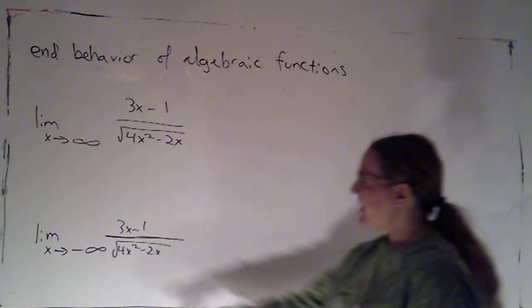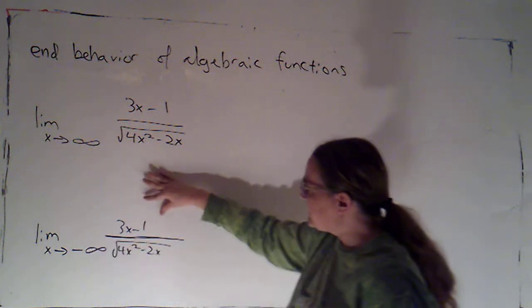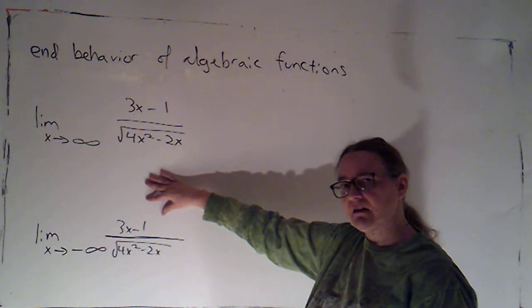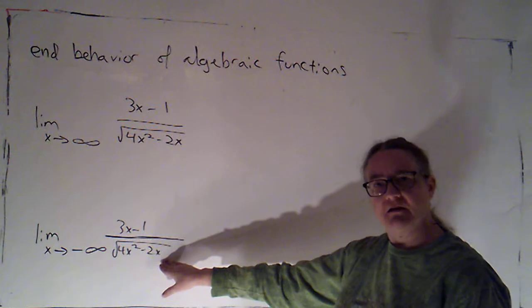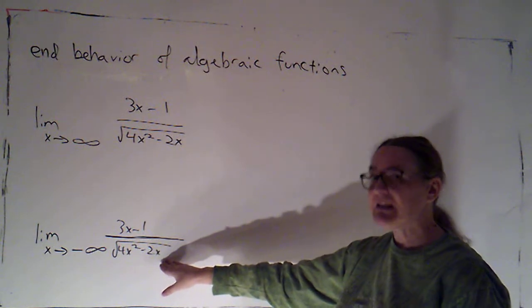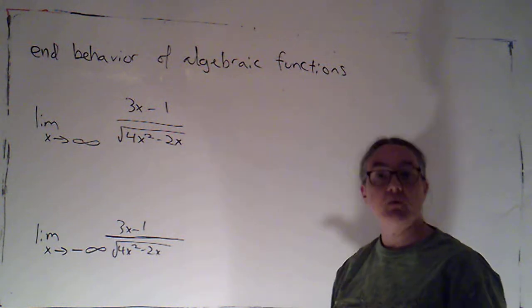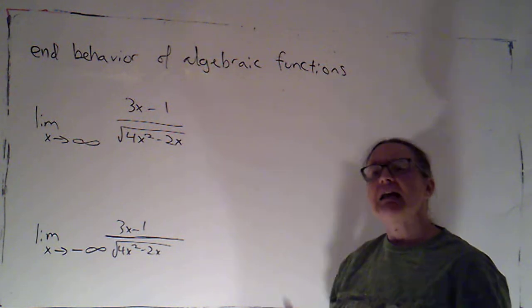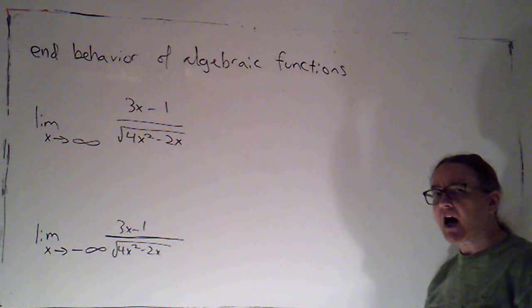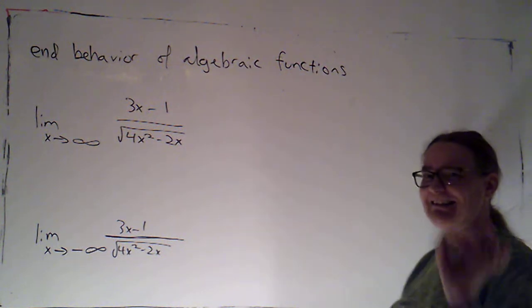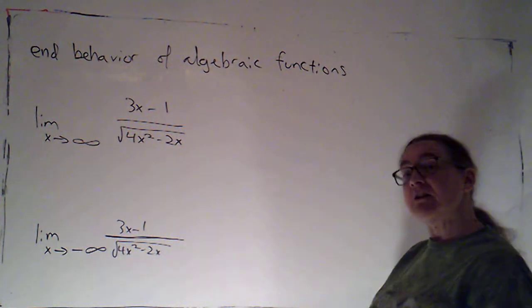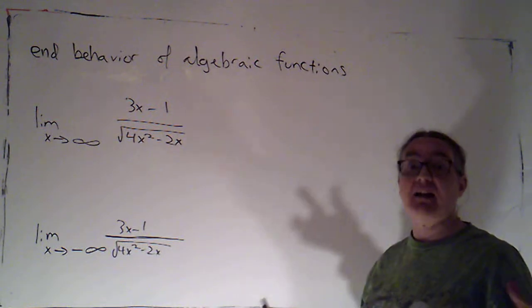Here, if x is going to negative infinity, the top of this fraction is negative, but the bottom, because it's still this square root, is going to be positive. So I'm going to have a negative over a positive, which will be negative. Now, I point that out just because a lot of students struggle with the signs on things like this. And that just gives you a really quick way of checking.